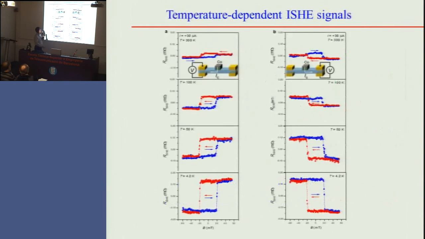Another interesting thing is like this. Let's imagine spins are aligned this way, in-plane orientation, and the current flows this way. The injected in-plane spins can accumulate on the bottom side of the channel, and they can measure the voltage.